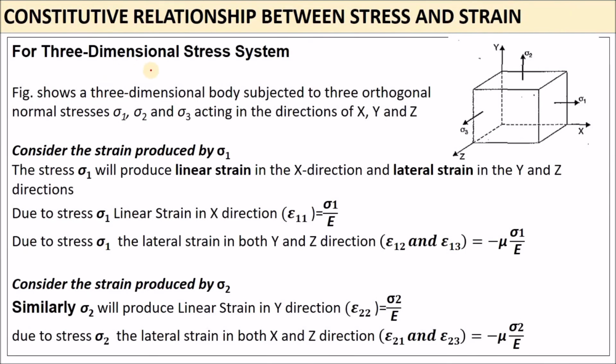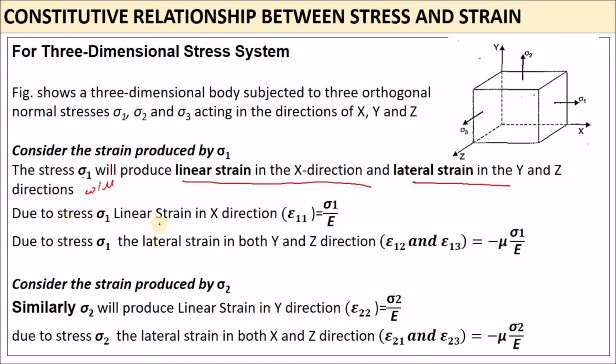In case of three dimensional, sigma 1 in x direction, sigma 2 in y direction, sigma 3 in z direction. At that time, due to sigma 1, linear strain in x direction and lateral strain in y and z direction will be produced.